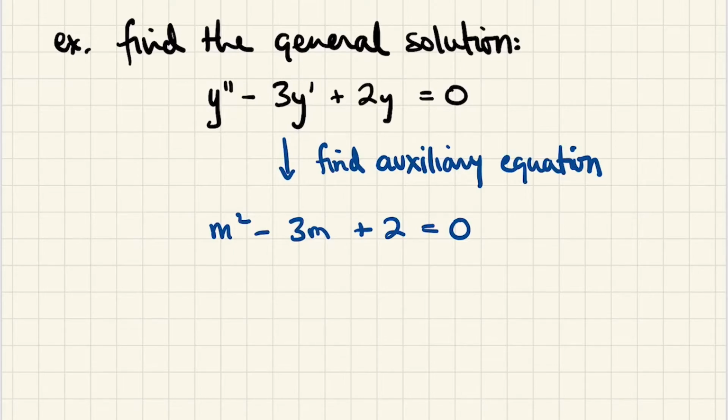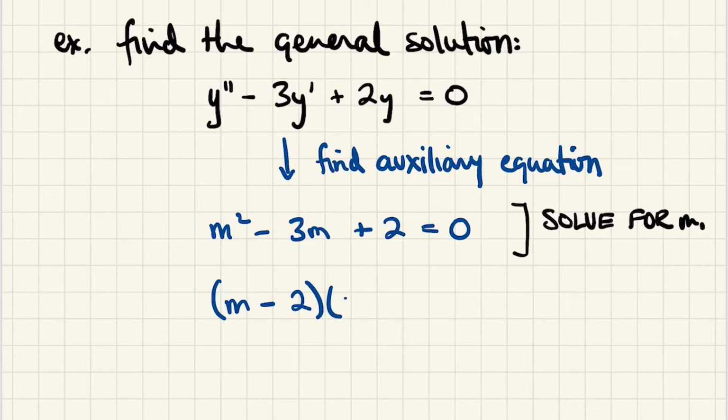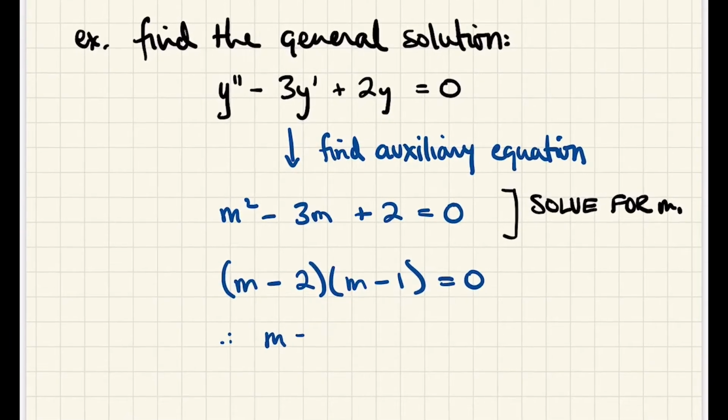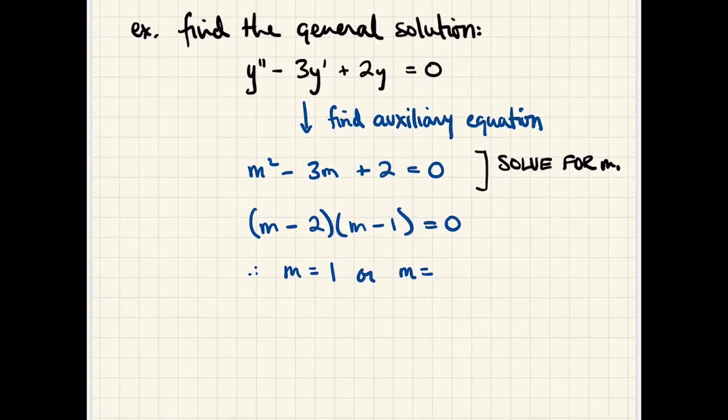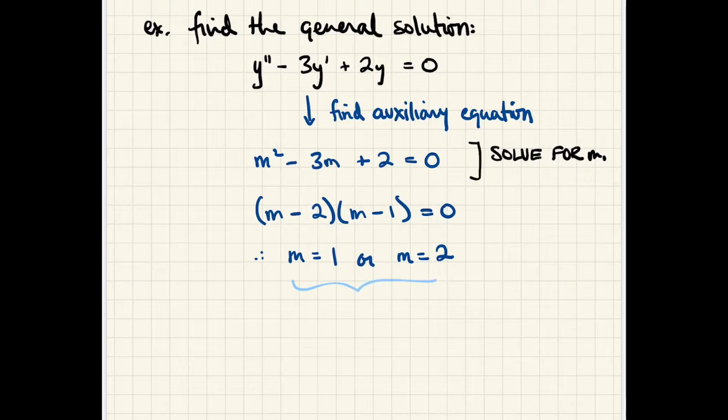Okay, and now we'll just solve it. So we'll solve for m. Well, this guy factors. Negative 2 and negative 1. So we can see that m is equal to 1 or m is equal to 2. Great. These are distinct real roots. Hooray!